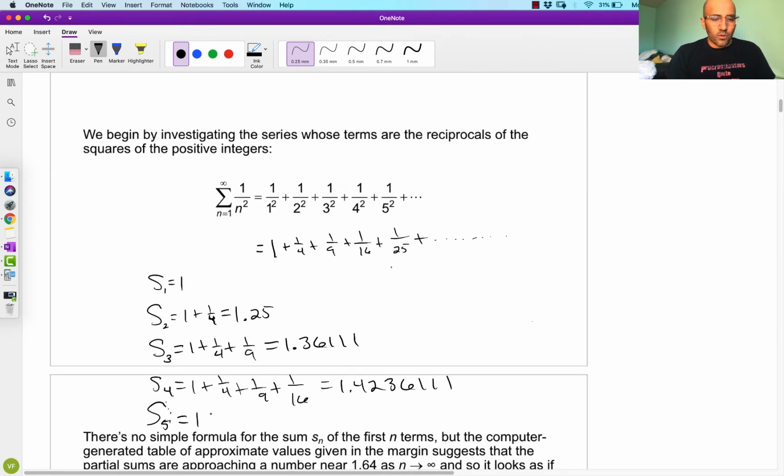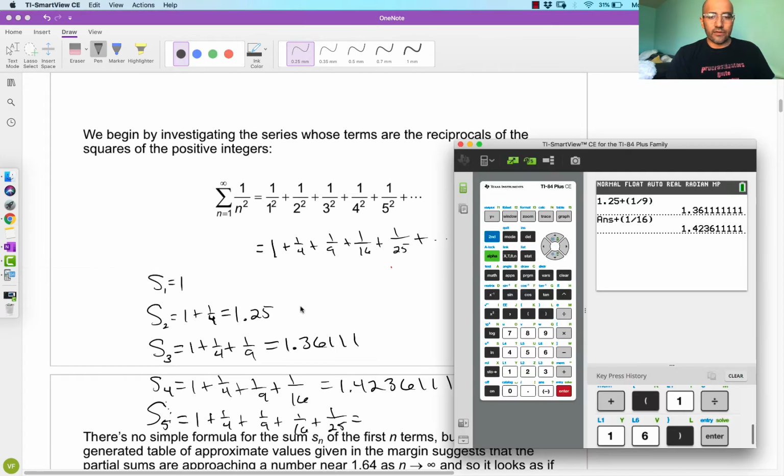Let's do one last one. S sub 5 is 1 plus 1/4 plus 1/9 plus 1 over 16 plus 1 over 25. The first 4 of them add up to this, so then we just have to add 1 over 25 to that.